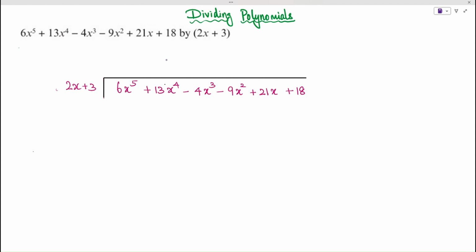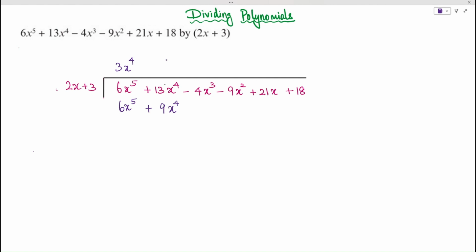So if we divide 6x to the 5 by 2x, we get 3x to the 4. So by multiplying 3x to the 4 to 2x, we can get 6x to the 5, and we also multiply 3x to the 4 to our 3, so we get 6x to the 5 plus 9x to the 4.